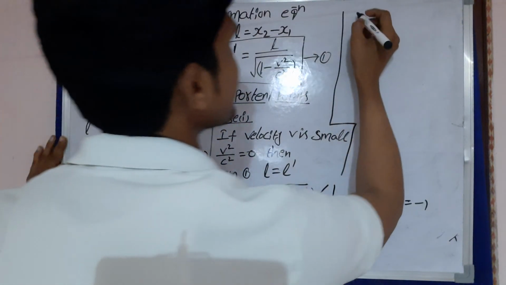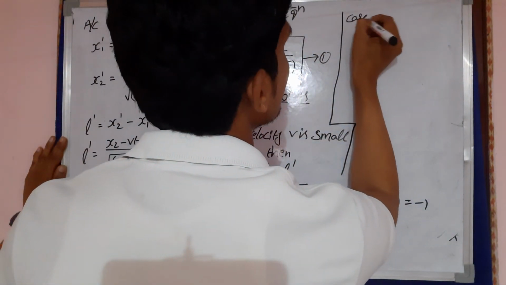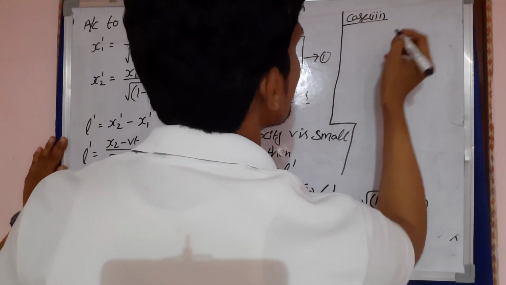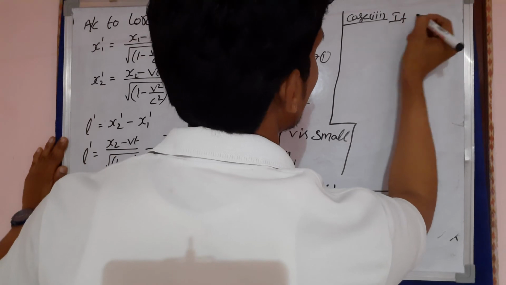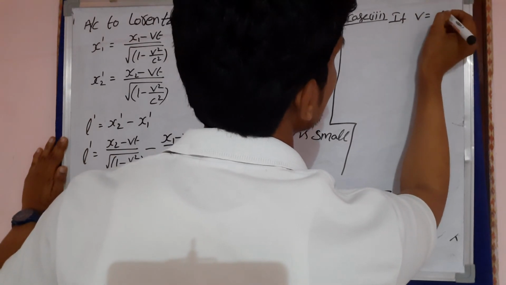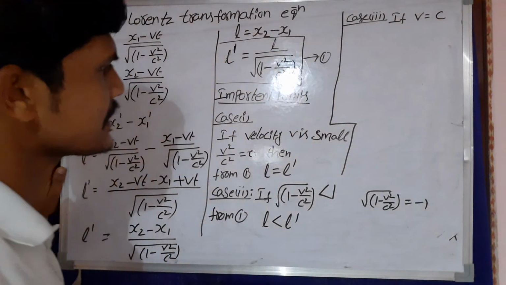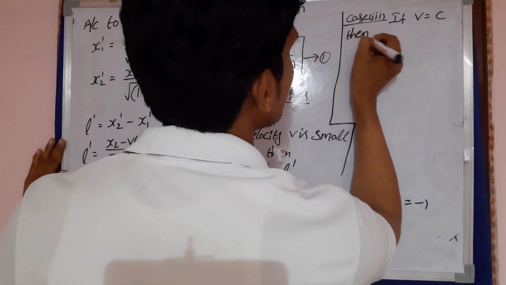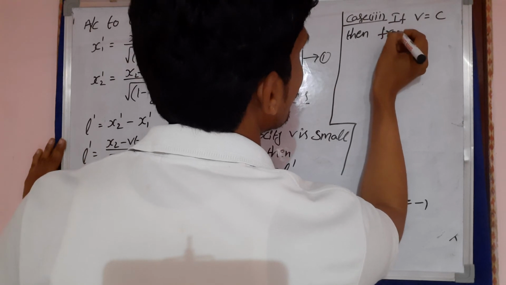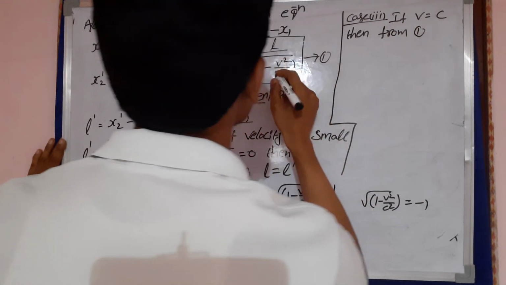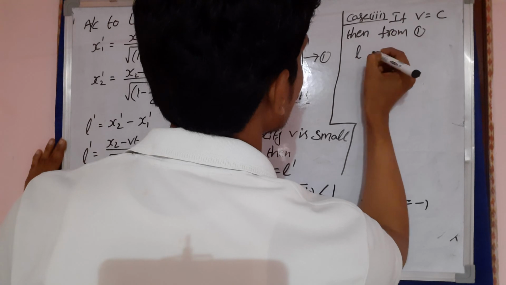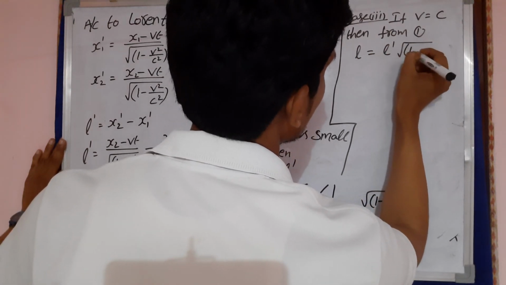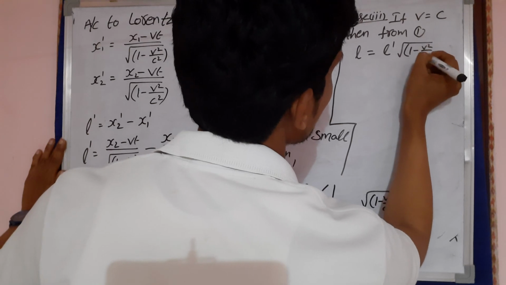And the last case, case 3: if velocity v equals light velocity c, then from the equation L equals L dash root over 1 minus v square by c square.